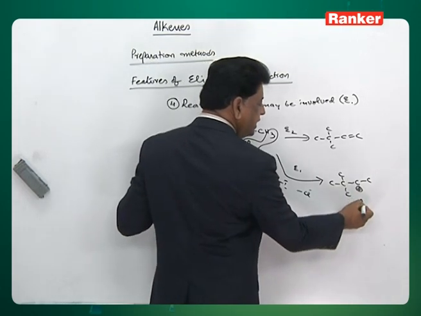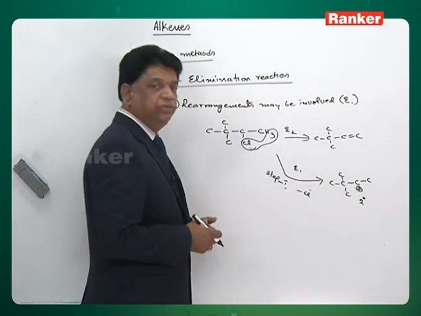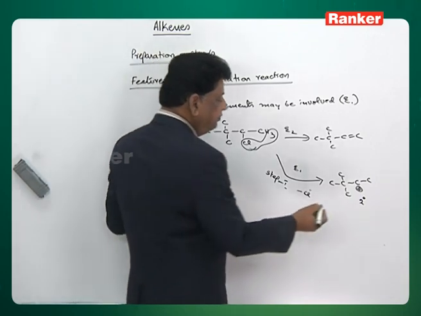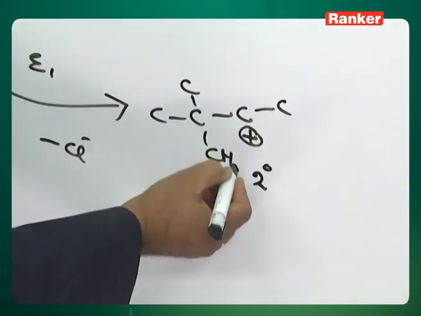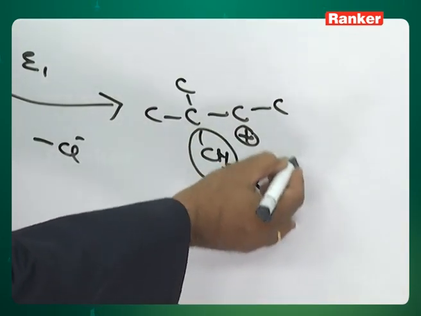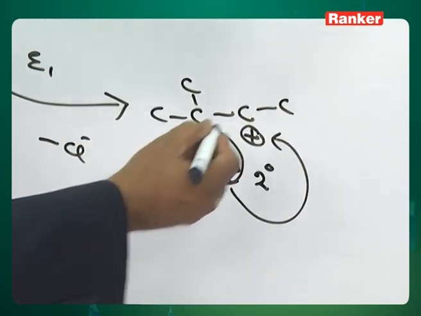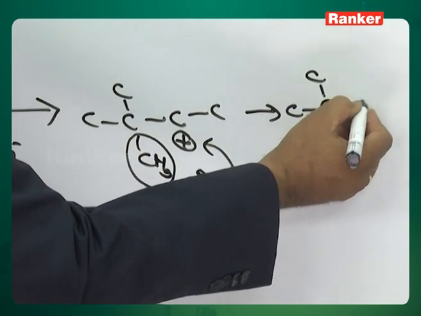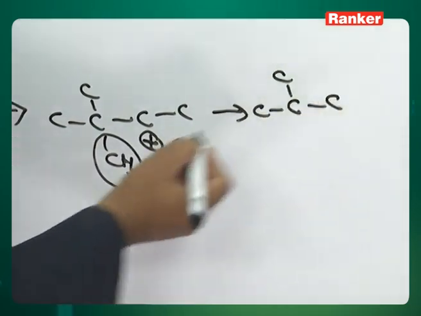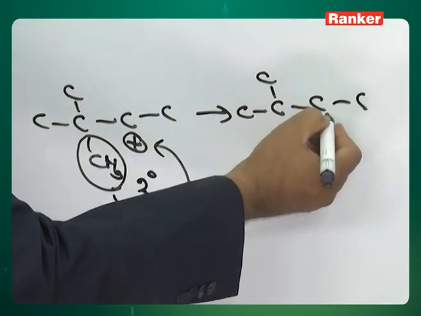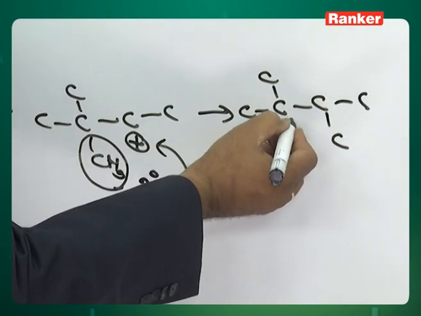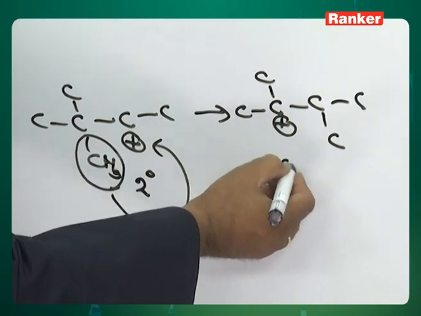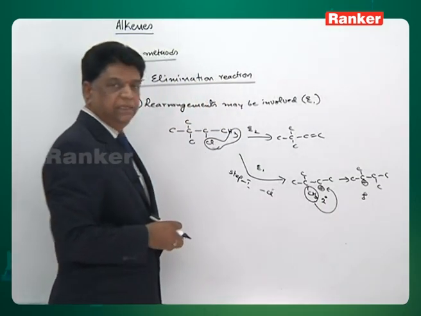Now, we have a chance of promotion for this 2 degree by shifting this CH3 onto this carbocation. So, naturally, when there is a chance, the carbocation will be rearranged. So, one methyl will go that side, and you will get a 3-degree carbocation.